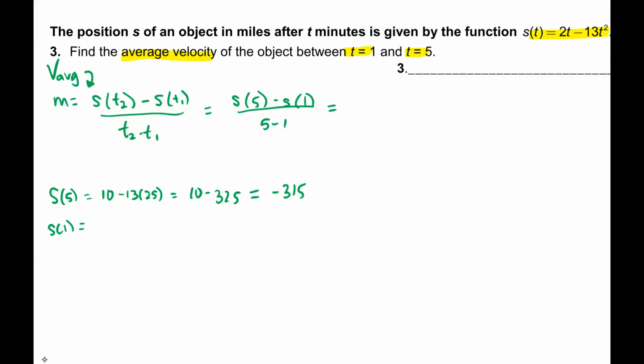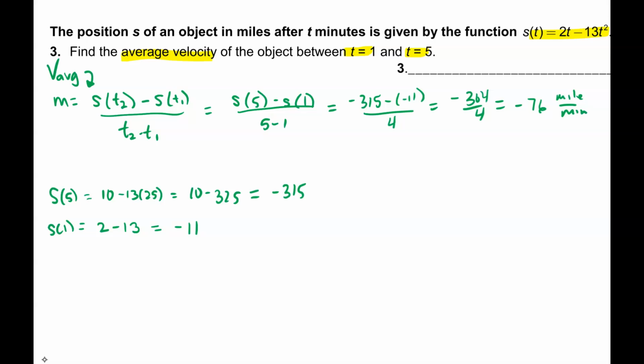S of 1: 2 times 1 is 2, minus 13 is going to be negative 11. So I have negative 315 minus negative 11 over 4. Add 11, so it's negative 304 over 4. Divide that by 4, you get negative 76.